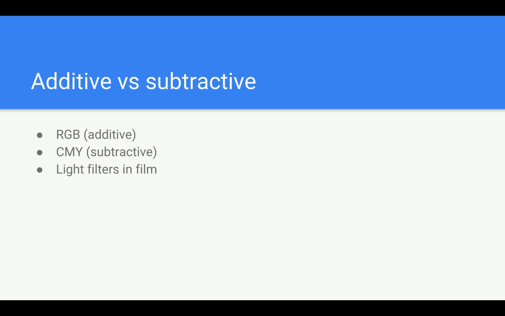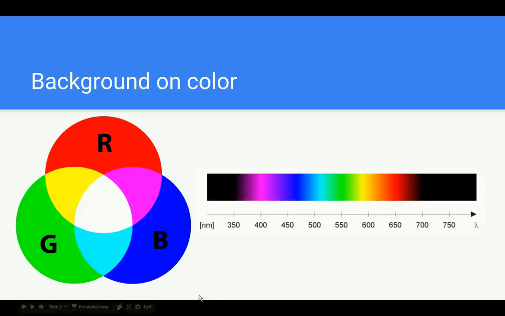Also note that in the additive and subtractive processes, each color in each is exactly opposite to another color in the opposite process, such as yellow being opposite to blue, yellow being the subtractive and blue being the additive, cyan being opposite to red, and magenta being opposite to green.